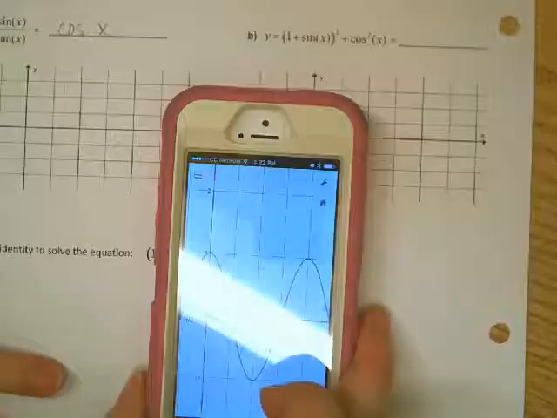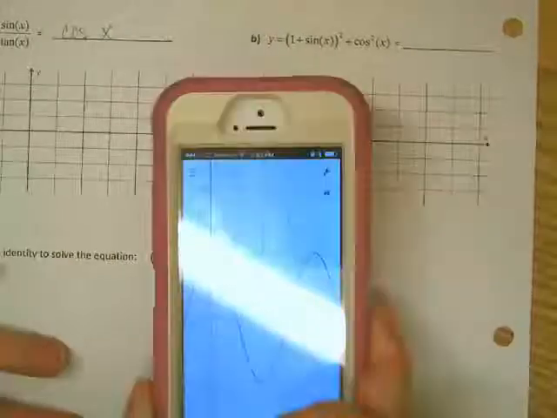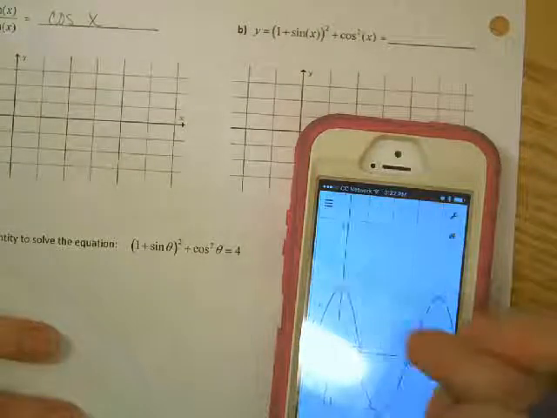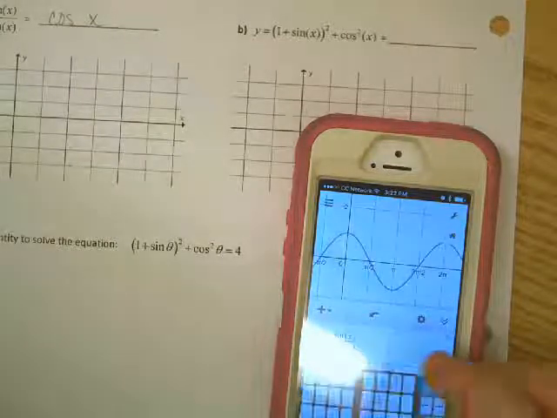So the next one, I'm not going to graph it. You guys can draw a graph on your own. Just make sure you're labeling things, labeling your axes. So on this one, I'm going to delete that.